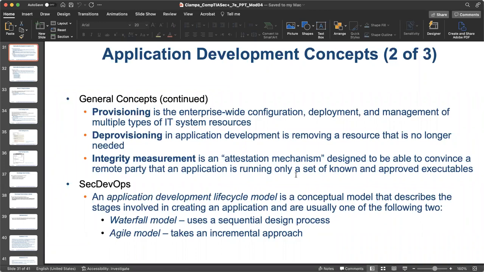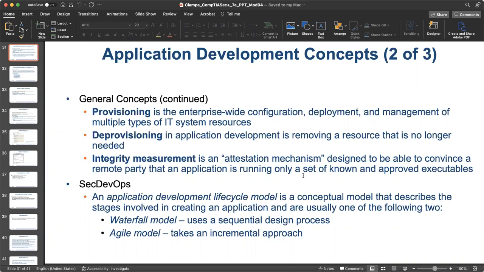Integrity measurement is an attestation mechanism designed to convince a remote party that the application is running only a set of known and approved executables. So we want to move to SecDevOps, talking a little bit more about this, which is a new concept. An application development lifecycle model is a conceptual model that describes the stages involved in creating an application.